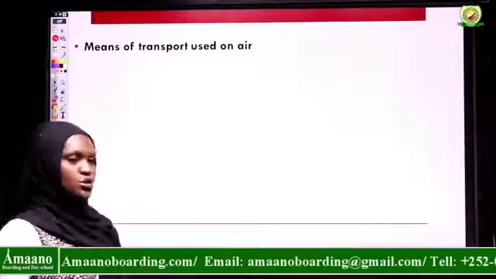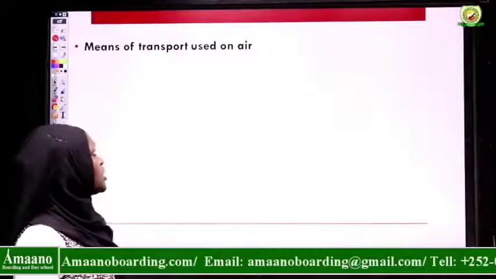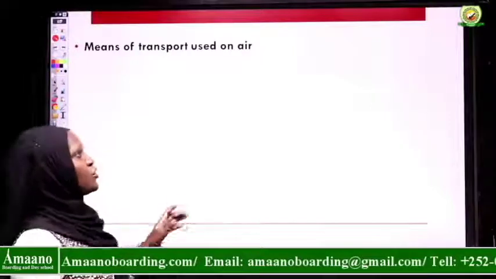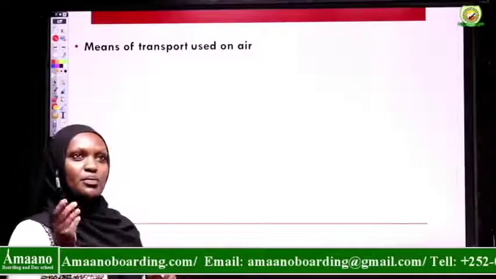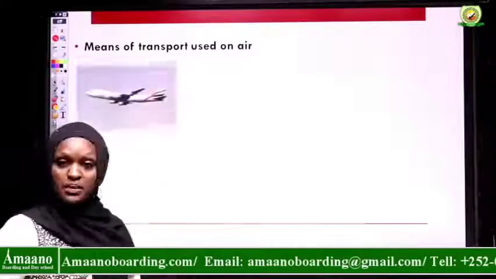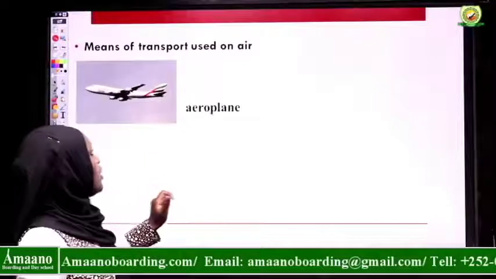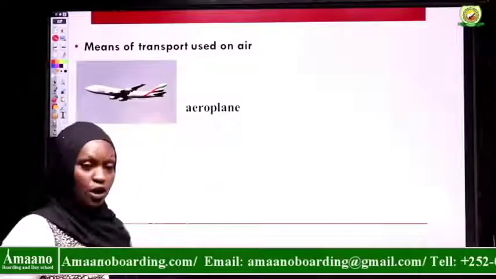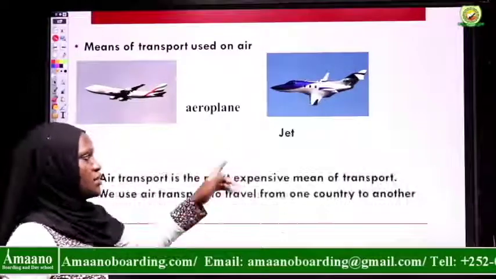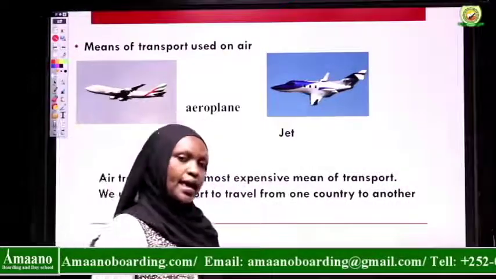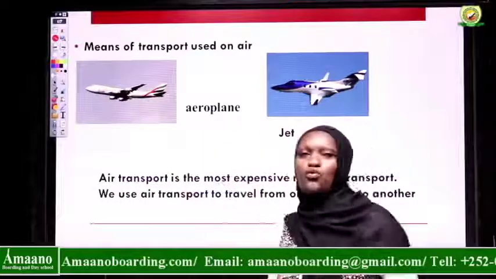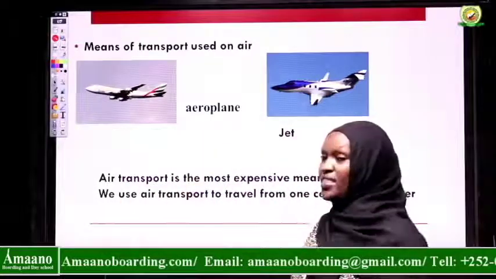Now, let's look at the means of transport used in the air. Now, you are just seated in your house, then you hear some noise in the air. What's that? An aeroplane is passing by. So in the air we have the aeroplane. We also have the jets. These are commonly used by people who want to move from one country to another.